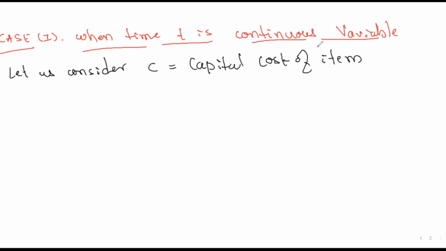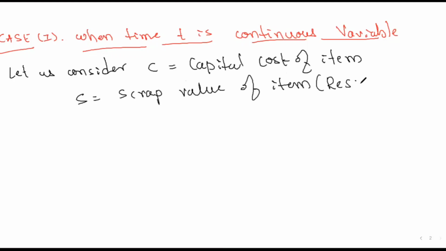Capital cost is nothing but the purchase cost, denoted in replacement theory by C. Then next, S is the scrap value of an item, also called the resale value of an item.